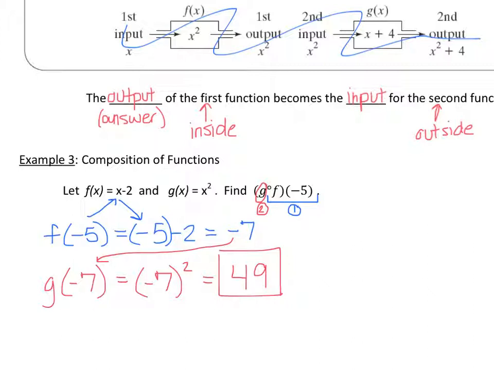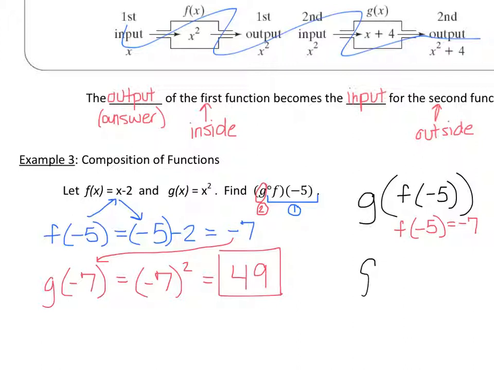It's like what we did, let me write it out the other way. Okay, the other way to write it is like this. So we figured out that f of negative 5 equaled negative 7. We replaced that f of negative 5 with negative 7, and then we figured out that that was 49.